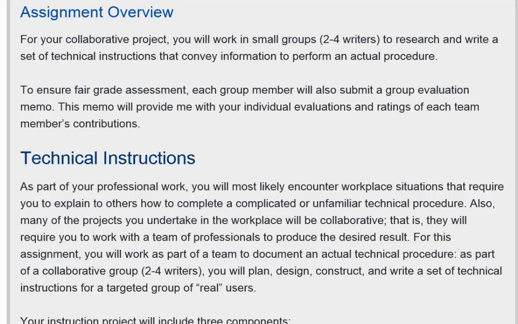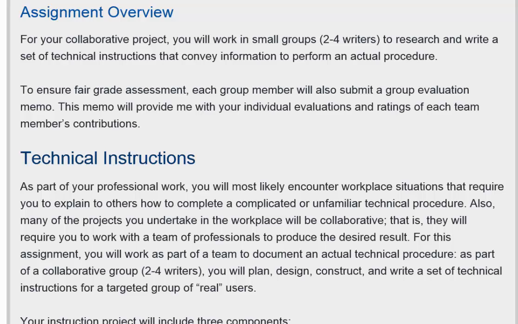I know many people dislike group projects, and group projects can be particularly difficult in an online course such as this. The way this group project will work is that you will be responsible for communicating and working together to create this assignment.